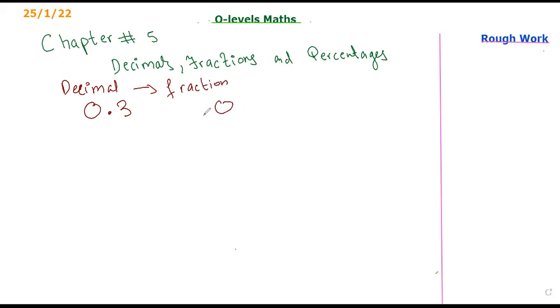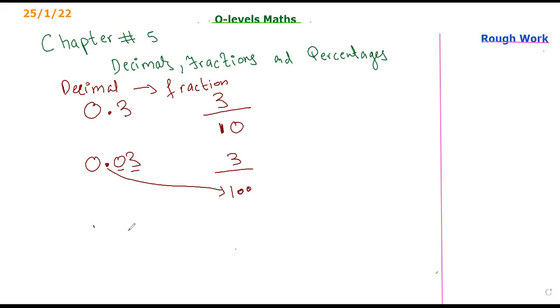We write 1 and then 0 and 3, right? So if we had 0.03, this would have been 3 over 100. Because in place of the decimal we have this 1, and we have 2 decimal places. We have 2 numbers after the decimal. So we write 2 zeros, okay?